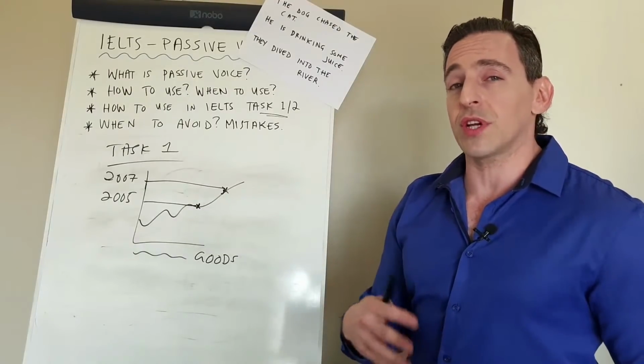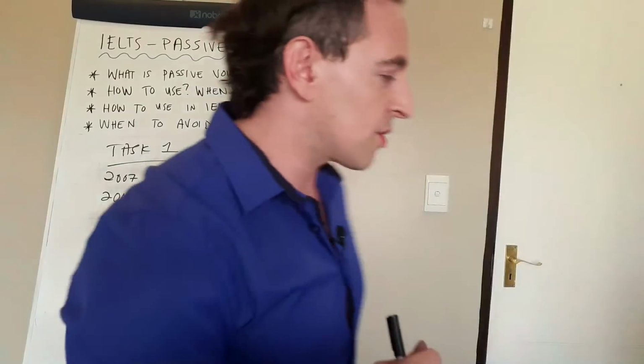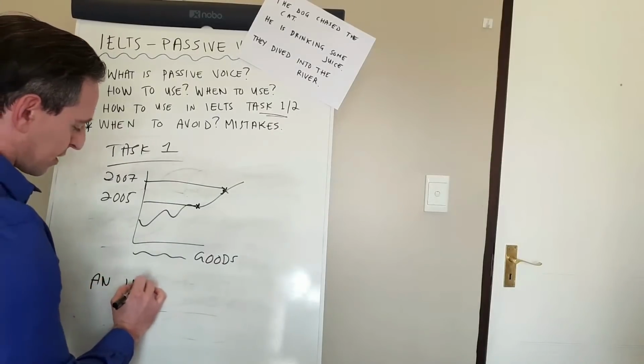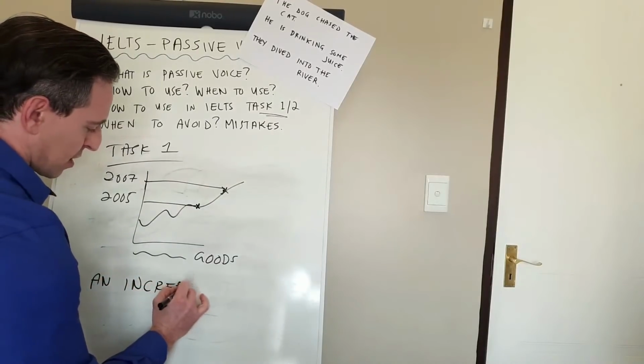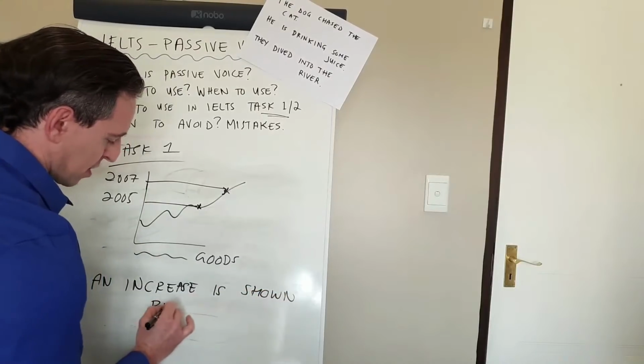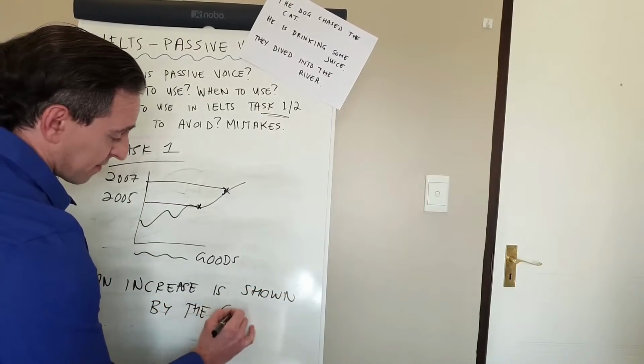The actual increase itself. So instead of saying the graph shows an increase, we can say an increase is shown by the graph.